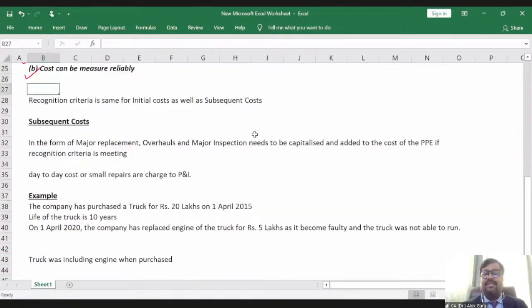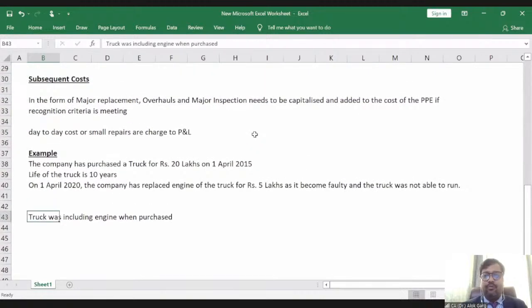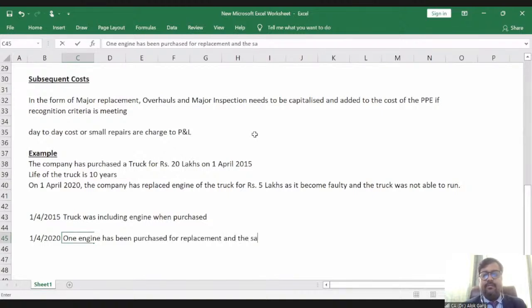What your standard says is that in case of a subsequent cost, if it is a major replacement cost, it has to be added to the cost of PPE. So on 1st April 2015 when this truck was purchased, there was an engine, and on 1st April 2020, again one engine has been purchased for replacement, and the same needs to be added to the cost of the truck.